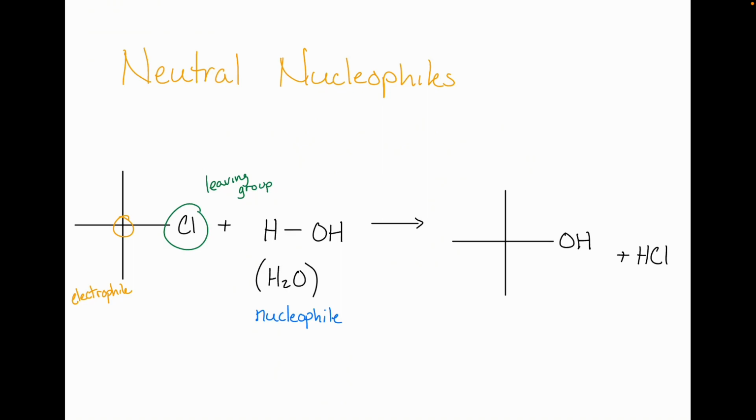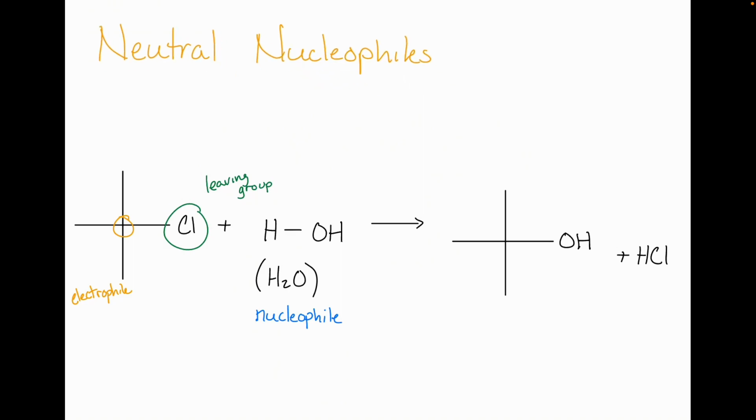Okay, so same as we saw before, but now we have this neutral nucleophile. With our neutral nucleophile, we're going to see that that hydrogen is lost from the heteroatom in our nucleophile.